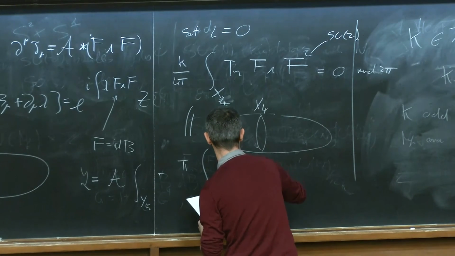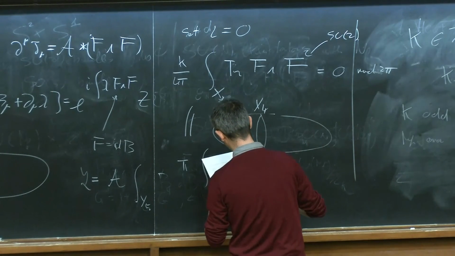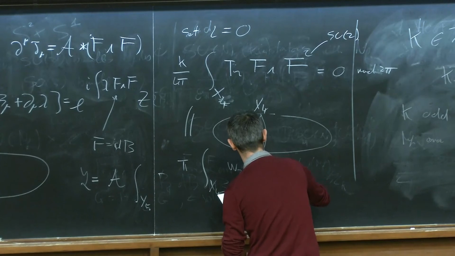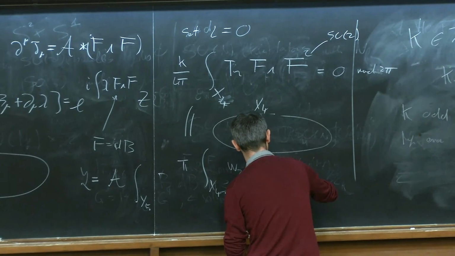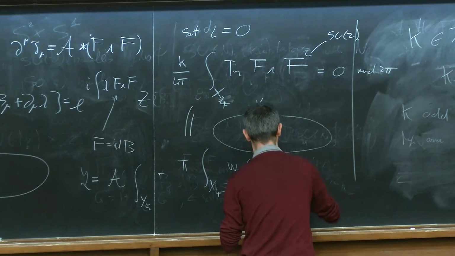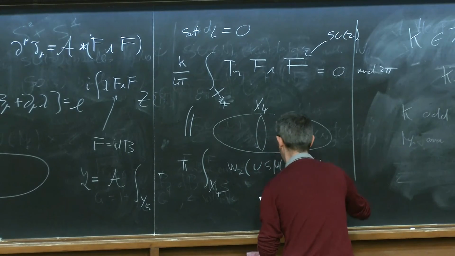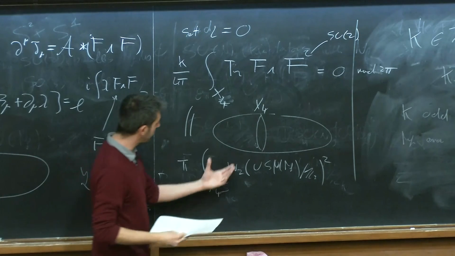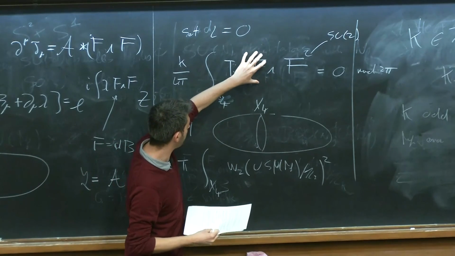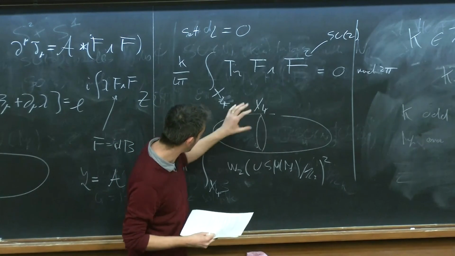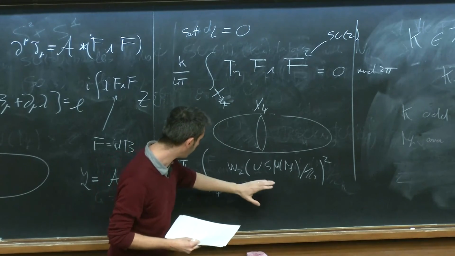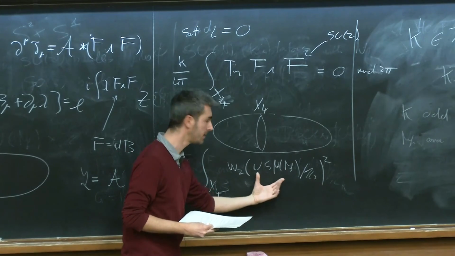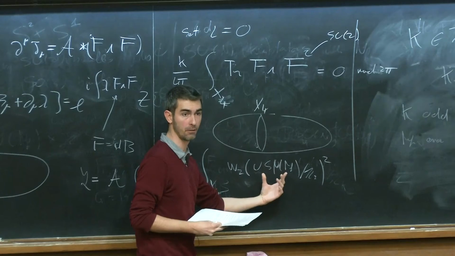So this is essentially the second Stiefel-Whitney class of the bundle. The important thing is that the value of this functional on closed manifolds can be written entirely in terms of some characteristic class, some object that only depends on the background fields.